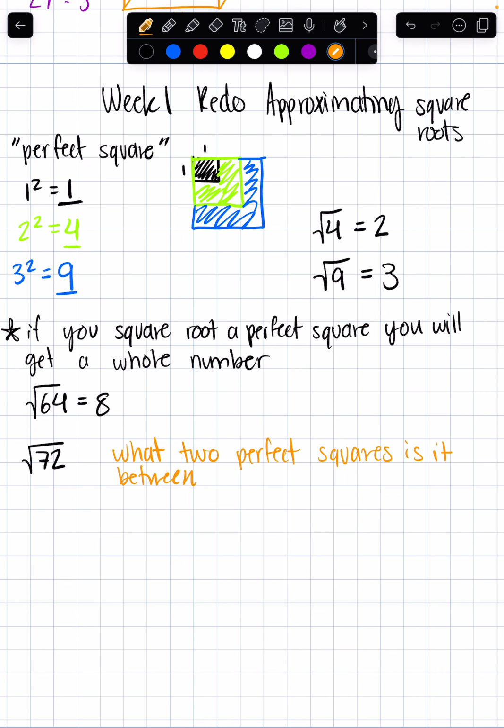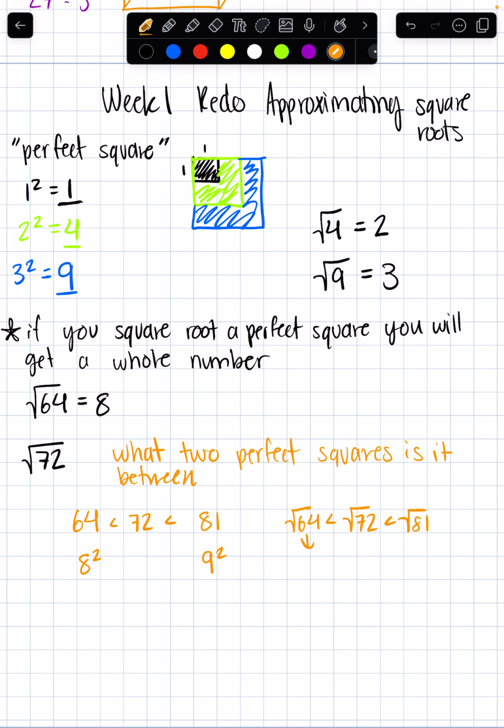And like I said, we know that 64 is just below it, and 64 is a perfect square. That's 8 squared. And 81 is just above it, and that's 9 squared, right? 72 lies somewhere in the middle here, which means that if I square root all of these, the square root of 64 has to be less than the square root of 72, which has to be less than the square root of 81.